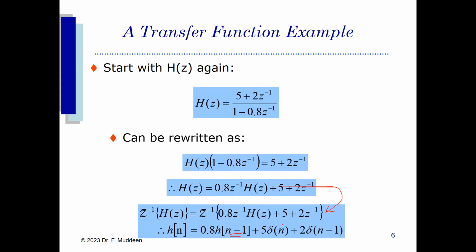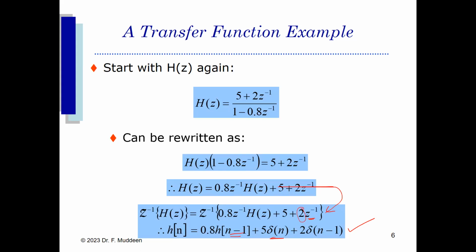It is scaled by 0.8. 5, a constant, so the inverse transform of a constant is an impulse. And then 2 z^-1, again, this is a constant with a delay of 1 on it, so the response here is 2 delta[n minus 1]. All right? You can read it straight off.